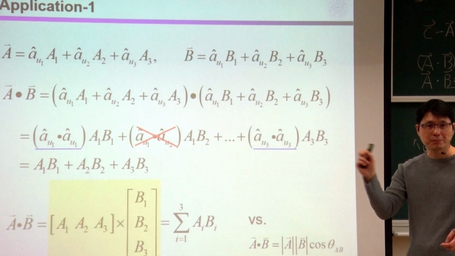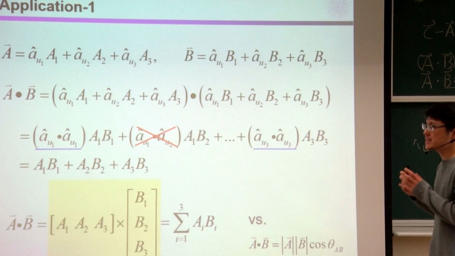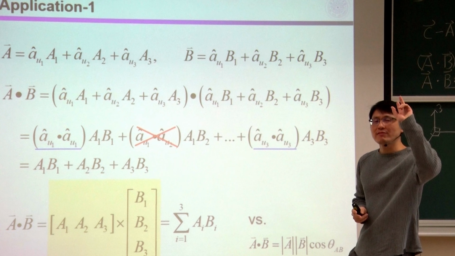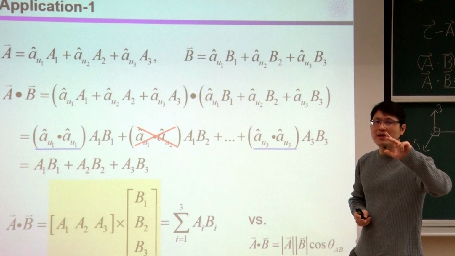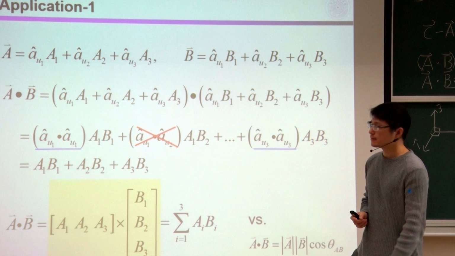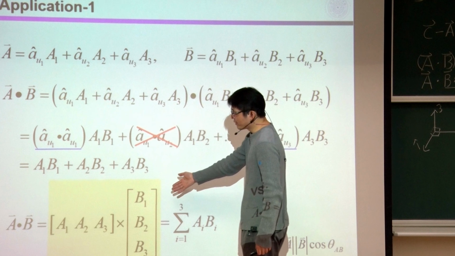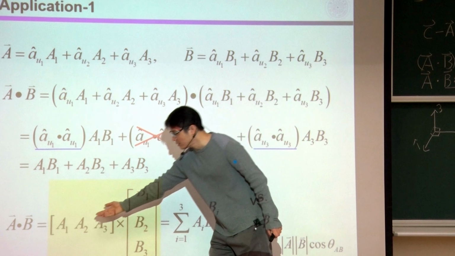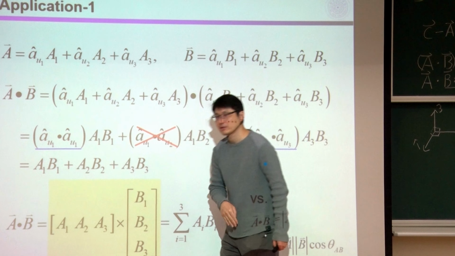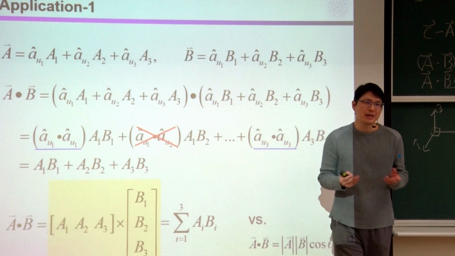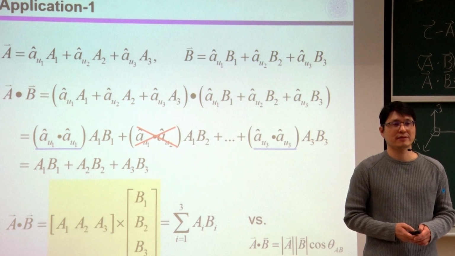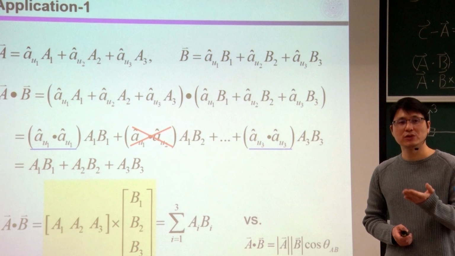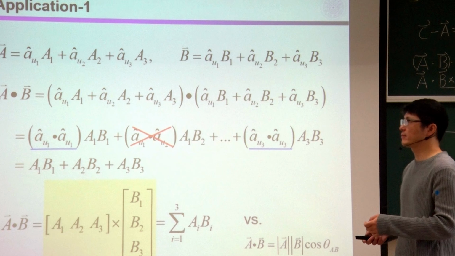You can just do direct calculation based on the knowledge that orthogonal coordinate systems have three unit vectors and they are perpendicular to each other. So a more fancy way of writing A dot B using orthogonal coordinates is A times B, using a matrix form. Then you have A1 B1 plus A2 B2 plus A3 B3.